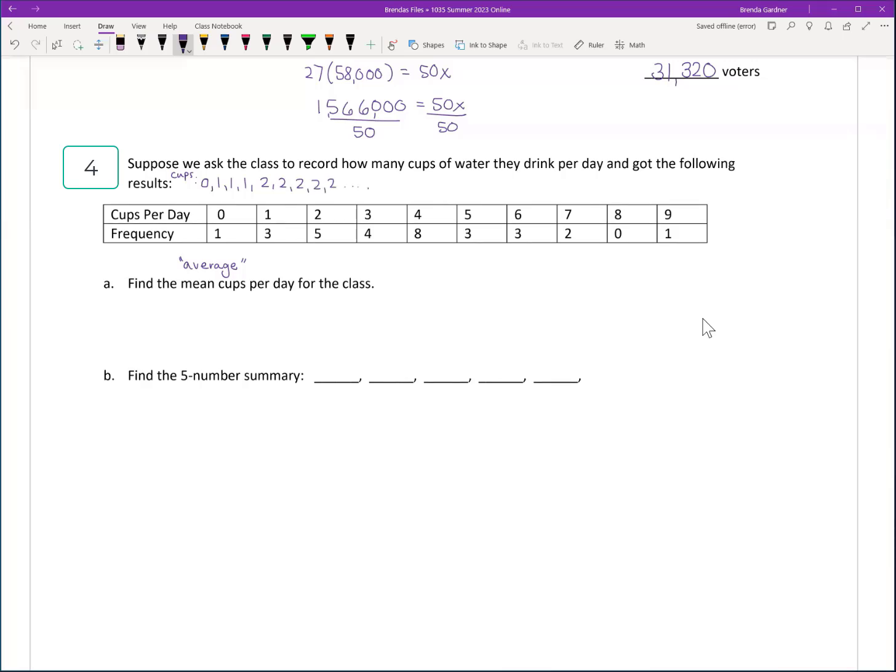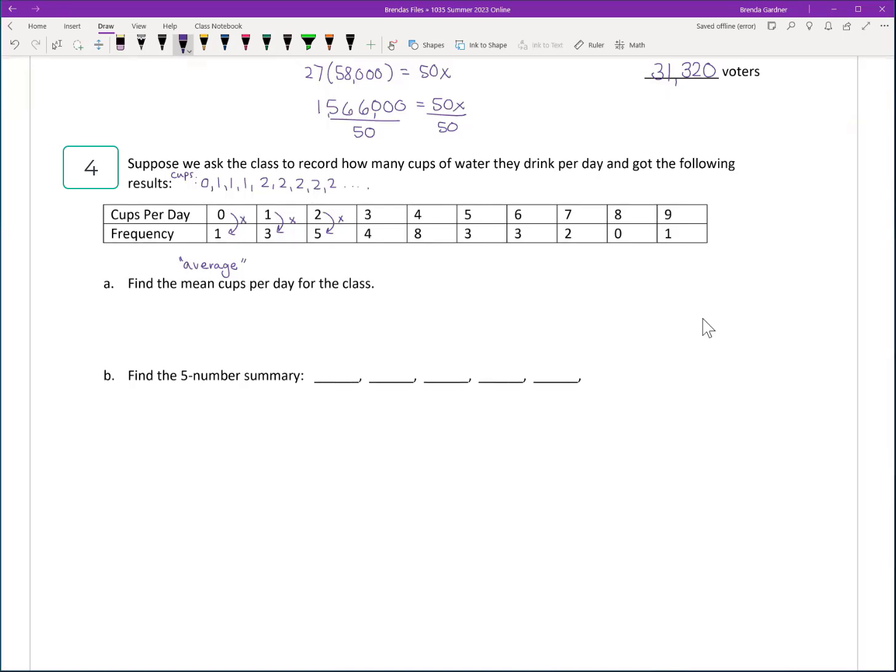And if I was asking for the median, you don't want to necessarily have to write these all out and find the middle number. So we will do that in just a little bit, finding the median. But to find the average, we want to basically multiply to get the sum of each column and then add them together.